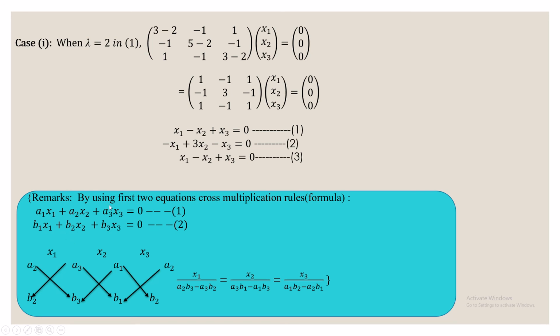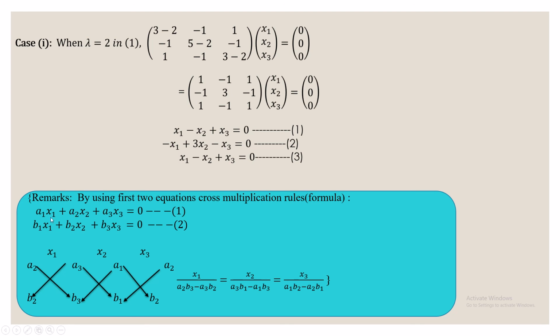First you take the last 2 values of this equation. What are the last 2 values? a2 a3, write it here, a2 a3, b2 b3, and then last you have to write here the first two, a1 a2, b1 b2. Just keep it in mind.